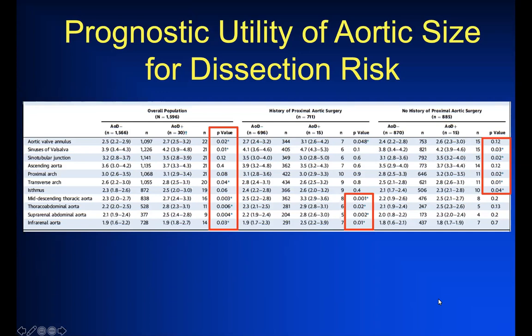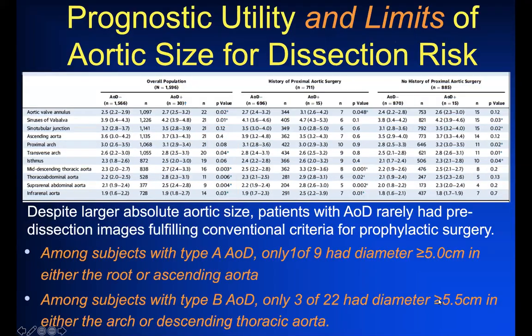Obviously, in patients without a history of aortic dissection, the prognostic value of size was greatest in the ascending thoracic aorta, whereas size was a strong predictor of recurrent dissection in the mid-descending thoracic aorta and thoracoabdominal aorta in patients who have had prior graft surgery. What's interesting is that despite the predictive value of aortic linear dimensions for predicting subsequent dissection risk, that prognostic strength was limited.